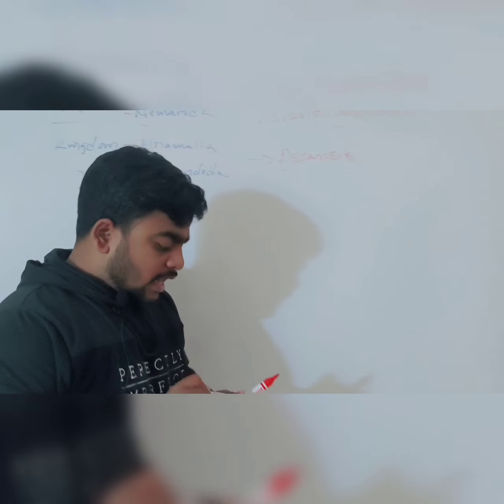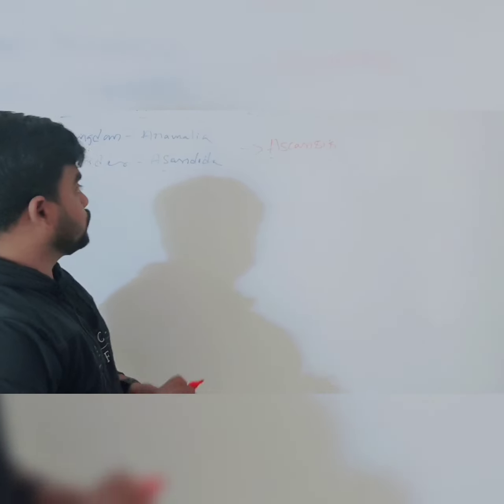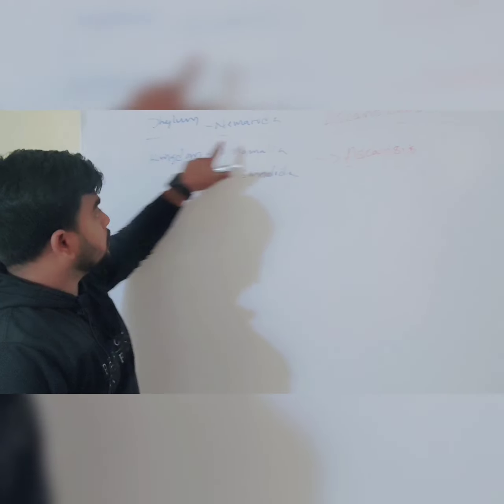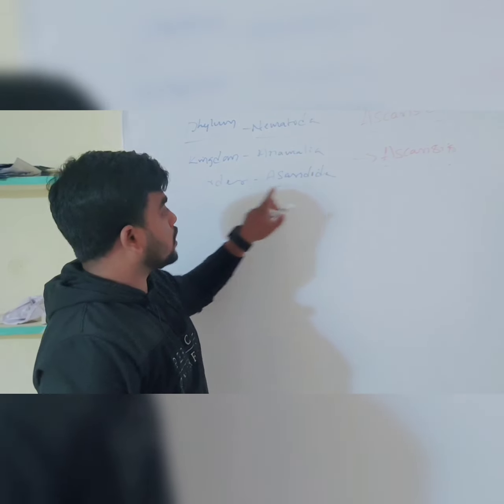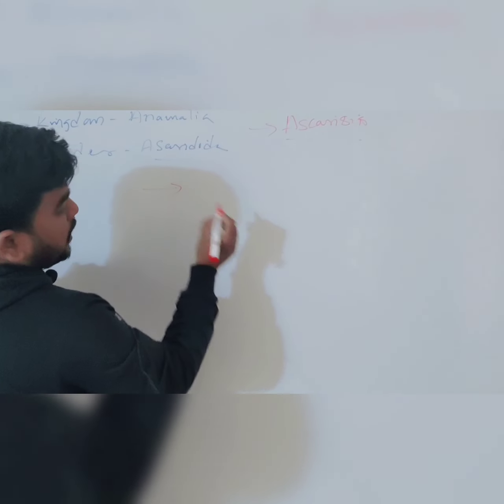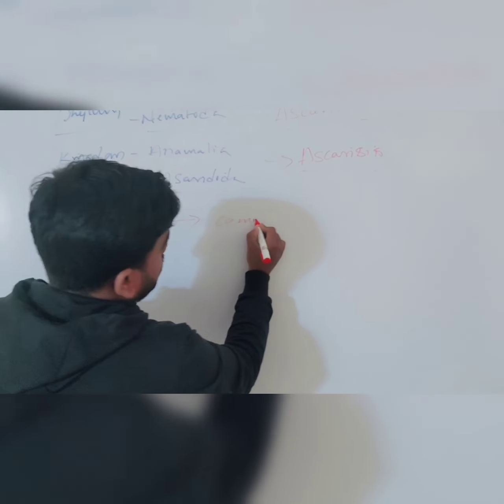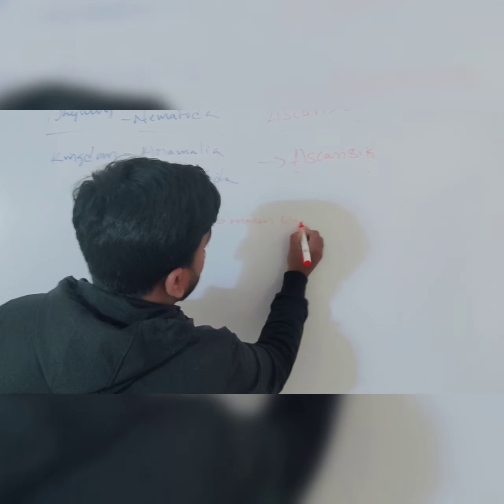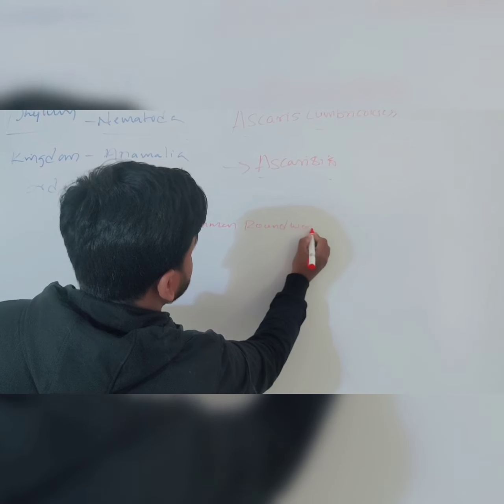This is the main classification of Ascaris which we can see. It belongs to the phylum Nematoda, kingdom Animalia, and order Ascarididae. Ascaris is commonly called the common roundworm.